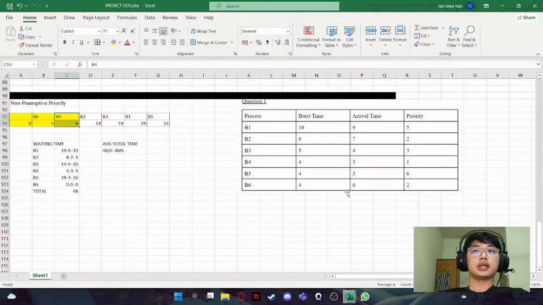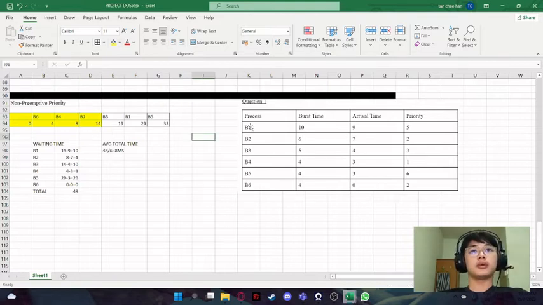At the X second we have many choices, from B2 until B4, not B5. B2, 3, 5, and then 2, 3, 5. B2 has the highest priority among the other 2, so B2 will be the next process, and then it is the 14th second.